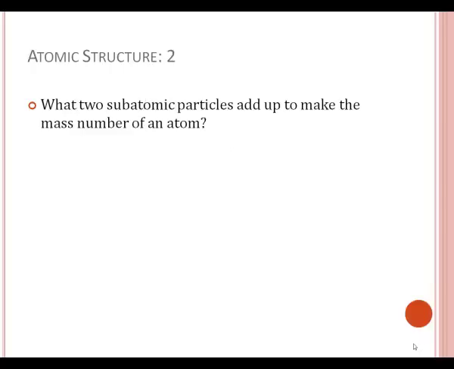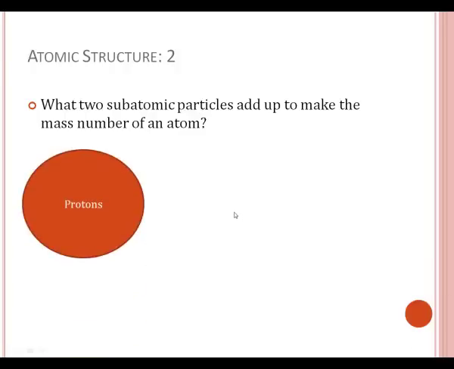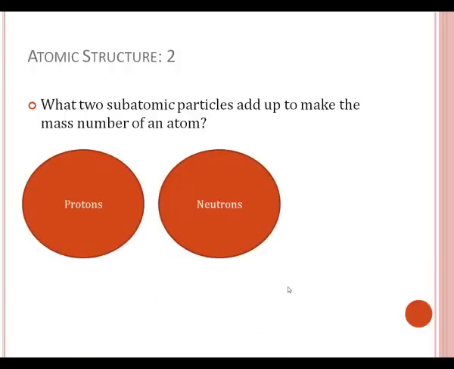Number 2. What two subatomic particles add up to make the mass number of an atom? So this is a question about where most of the mass of an atom comes from. Up here I've got protons and neutrons, and here are electrons. If you compare the two, you see that protons and neutrons are much larger than electrons.